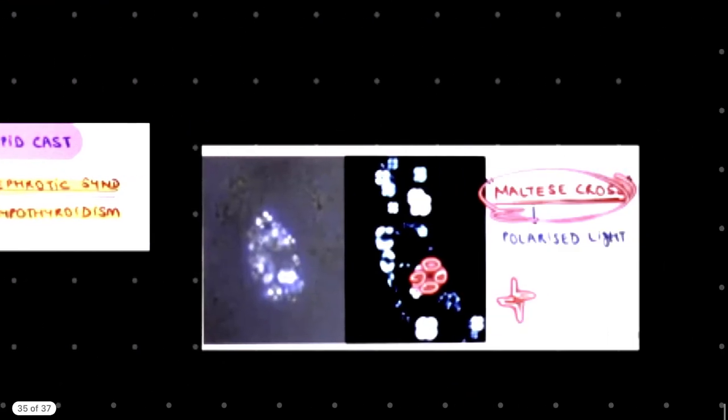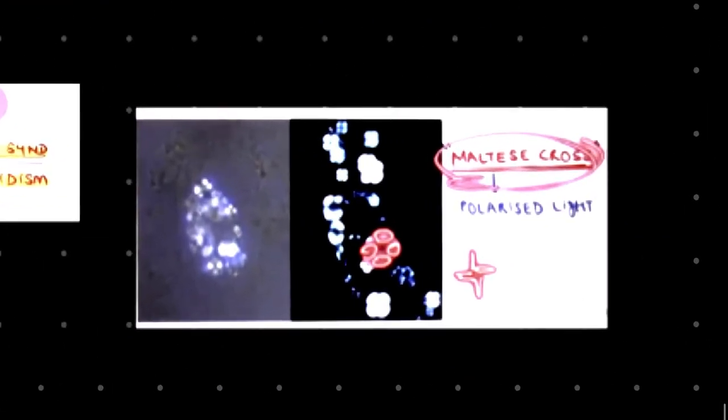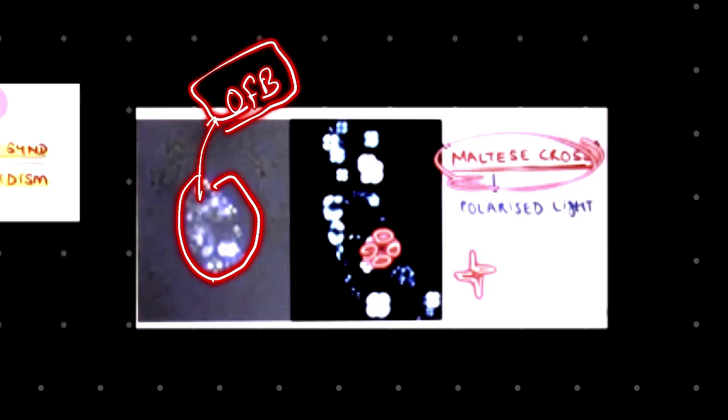Now similarly, as you can see, there will be lipid casts. It's not very clear, but there will be the presence of lipid casts, and that is a feature of nephrotic syndrome. Another is this, our oval fat body, as we have said, a feature of nephrotic syndrome.